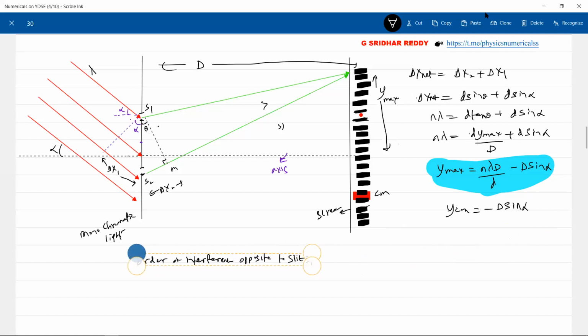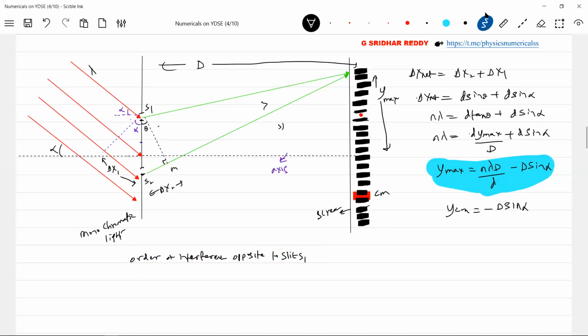Let me write for both. How to do this? What is the value of Y exactly opposite to the slit on the screen? What is the order? So what is this distance? This should be equal to small d, S1 S2. I'm unable to indicate it in the diagram.